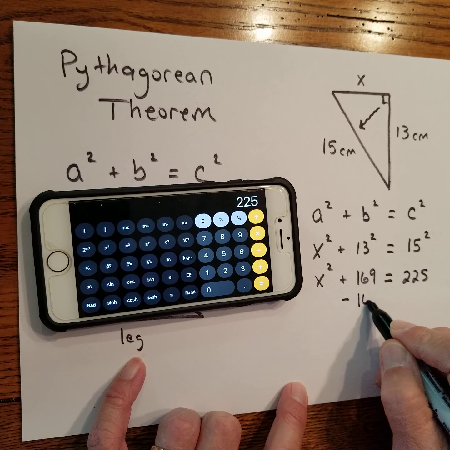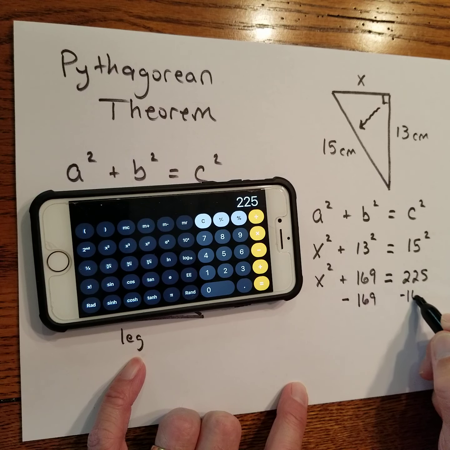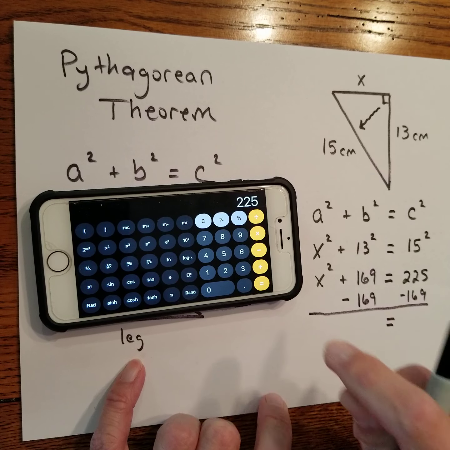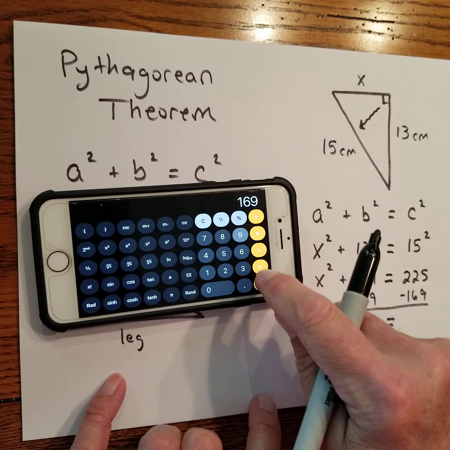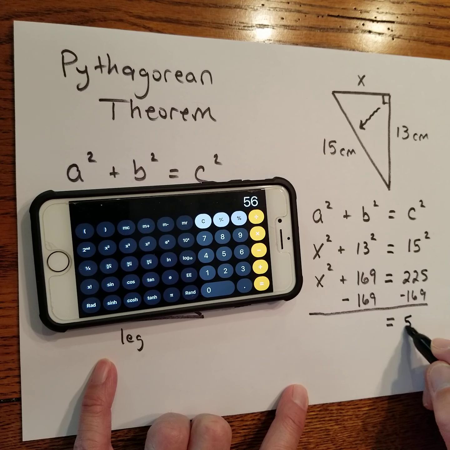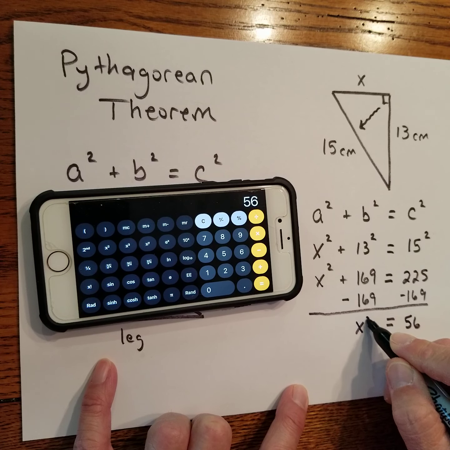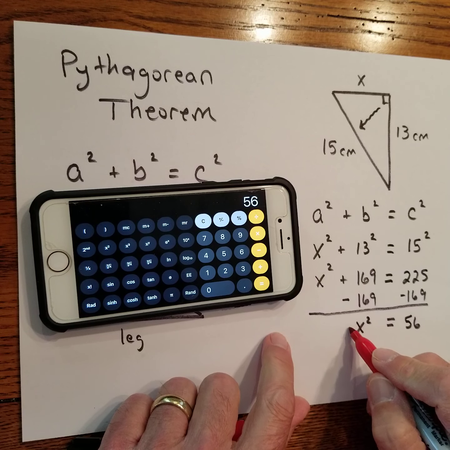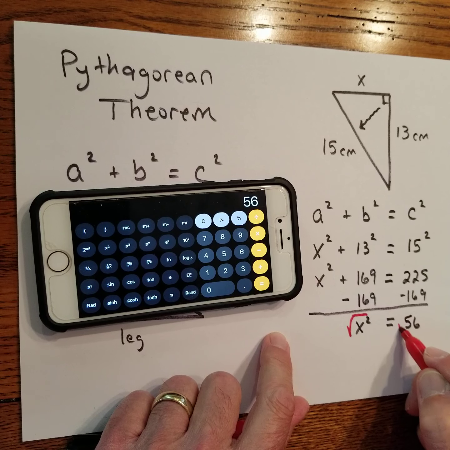The inverse of addition is subtraction. 225 minus 169 is 56. Finally, to get x by itself, I take the square root of both sides.